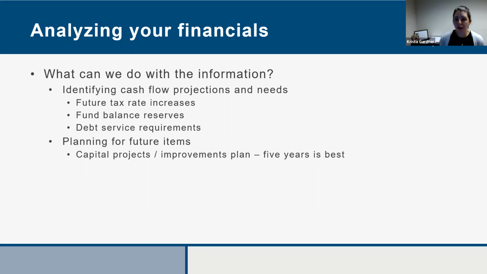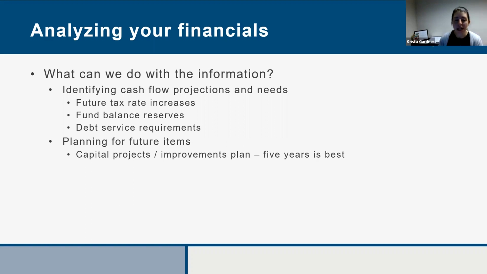Outside of the cash flow projections and needs is that planning piece we talked about with capital projects, or having an improvements plan. I always say 5 years is best, and then you roll it forward, adding on each year. If you've got projects that are going to last over several years, that captures most of it. You could always have 6 or 7 years if there's a project you're going to start in year 5 that's going to go on for 3 years, like a major sewer treatment plant.